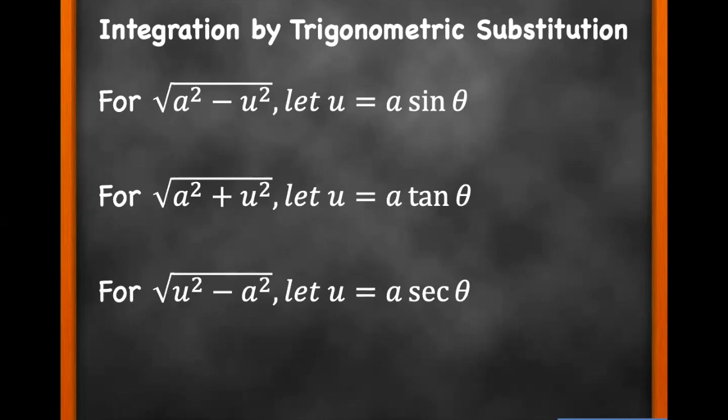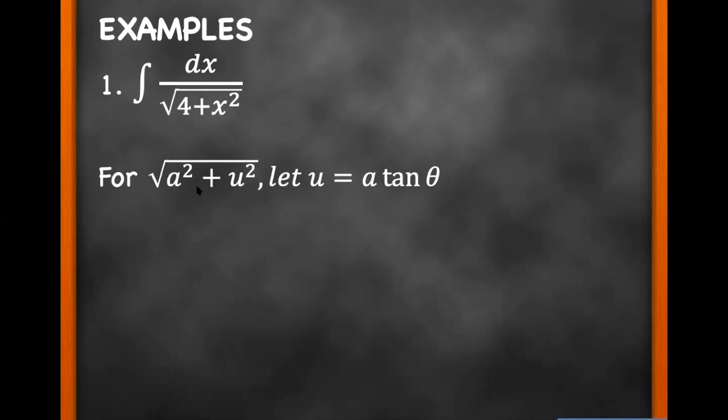Now let's solve some problems. Okay, first one. So we integrate dx over the square root of 4 plus x squared. So how can we integrate this function? Notice that we have the form a squared plus u squared, or the square root of a squared plus u squared.